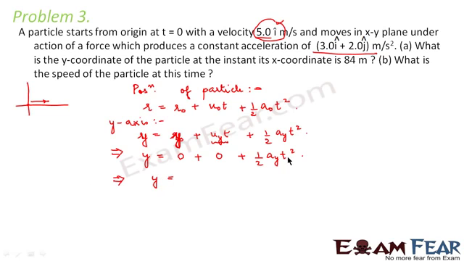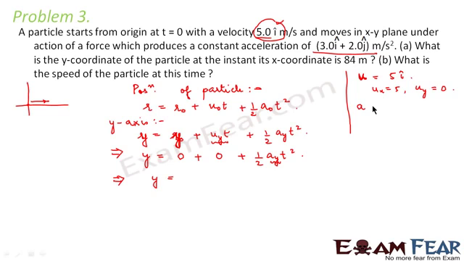Now what is the acceleration along the y-axis? Let me write the given conditions. Given u is equal to 5 i cap, that means u x is equal to 5 and u y is equal to 0.